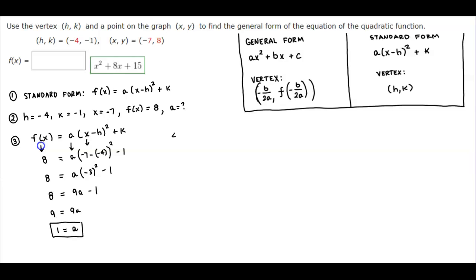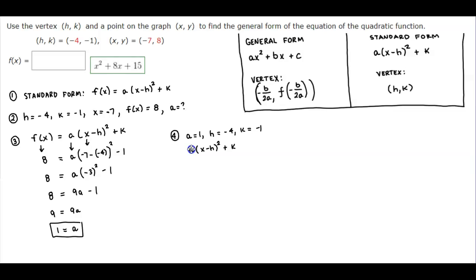Now, in step number 4, now that we figured out that a is 1, and we know that h is -4 and k is -1, let's put this in our standard form, a times (x minus h) squared plus k.